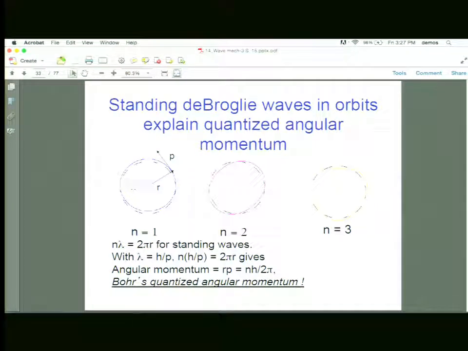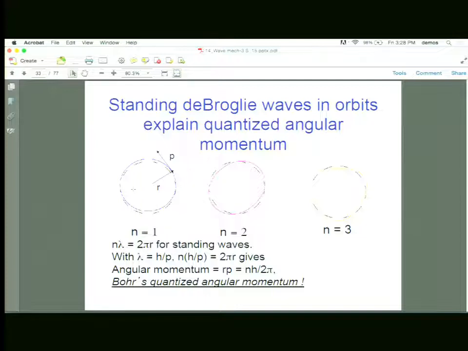And that's what Bohr assumed, that the angular momentum in the first state is h bar, which is h over 2 pi, which is r times p.